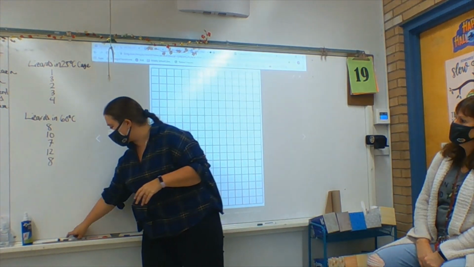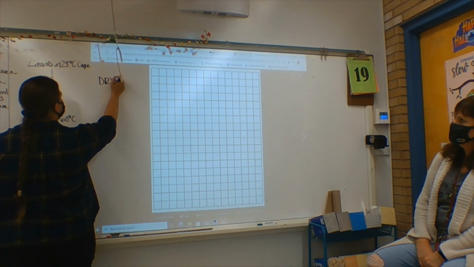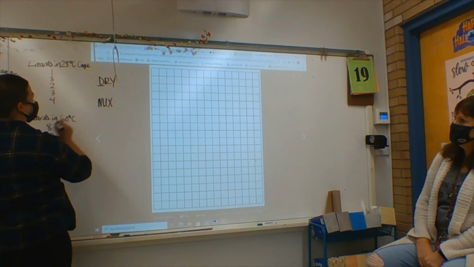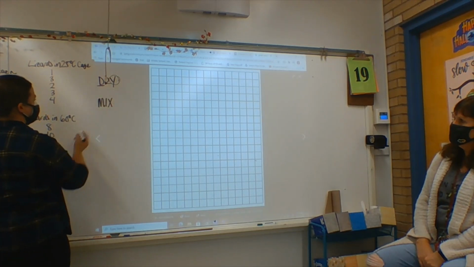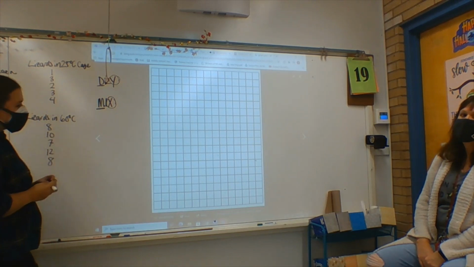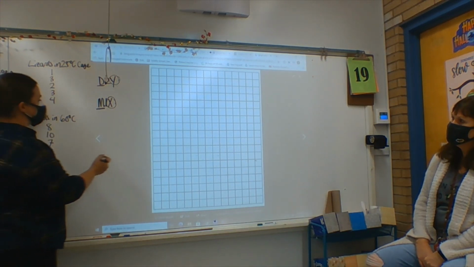So I want to think back to that idea of dry mix that we talked about. That tells me that my dependent, my responding variable, goes on the y, and my manipulated variable, my independent, goes on the x. So my dependent, what I measured, was going to be that number of movements.